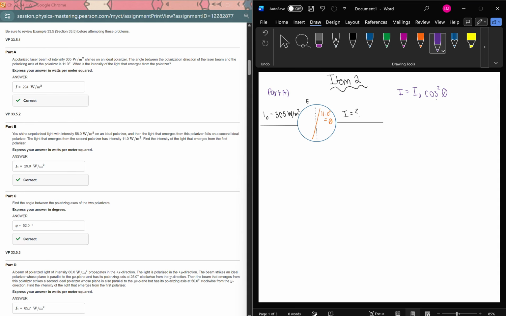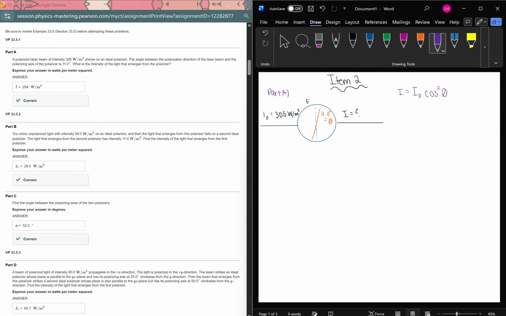The cosine squared over here means the cosine of the angle, so we take the cosine of the angle and then we square the result. The symbol theta basically means the angle, and the cosine squared is just gonna tell us how much light passes through the polarizer.